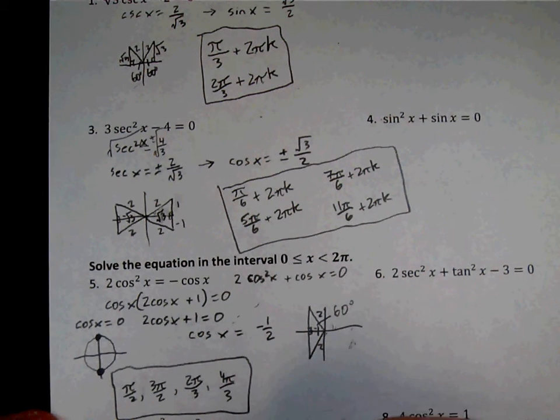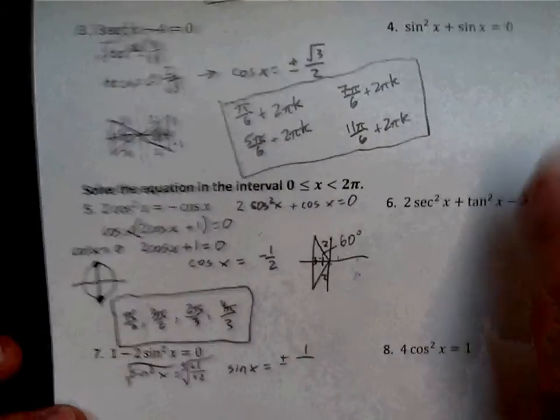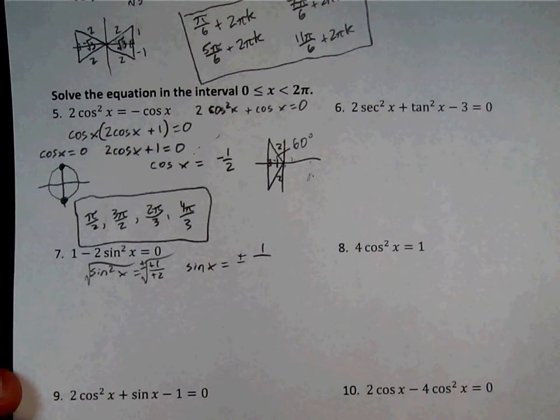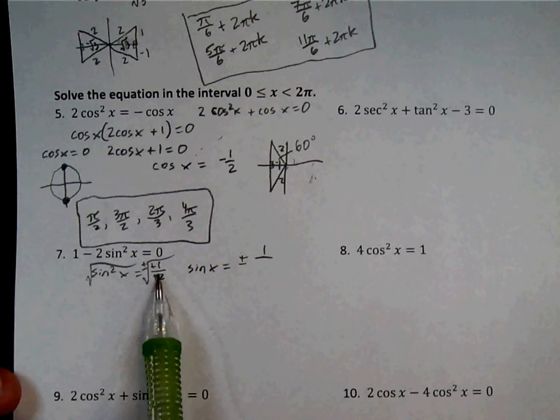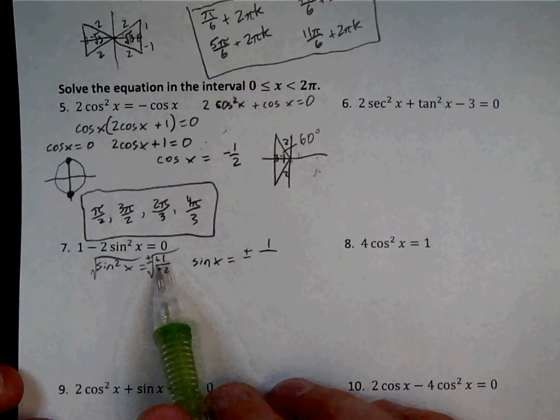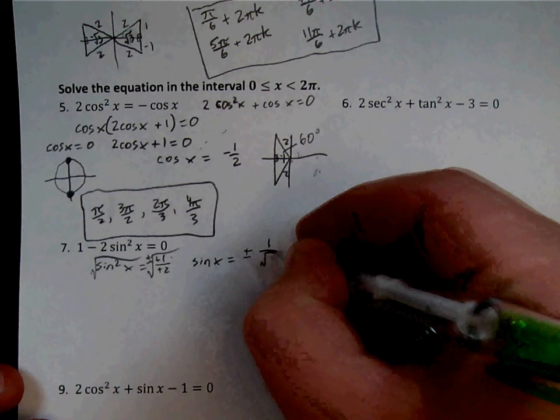Oh, sorry, you can't see. I apologize for that. So catch up, I subtracted my 1, divided by negative 2. They both became positive. Square rooting, so we get a plus minus. So now, square root of 1 is 1. Square root of 2 doesn't simplify, so it's simply square root of 2.